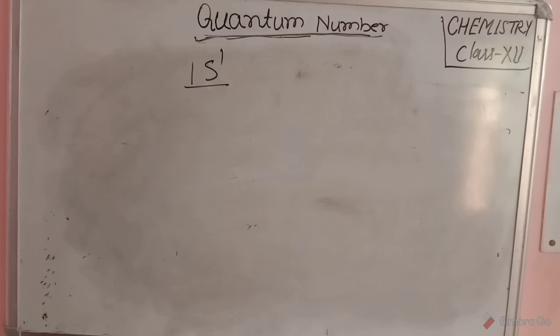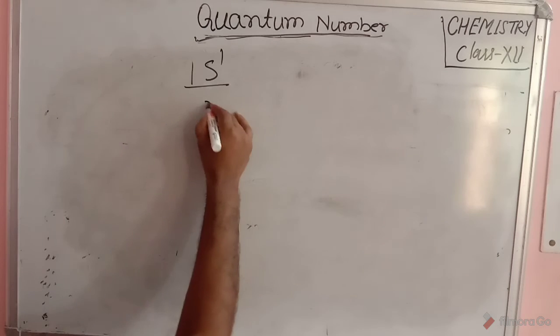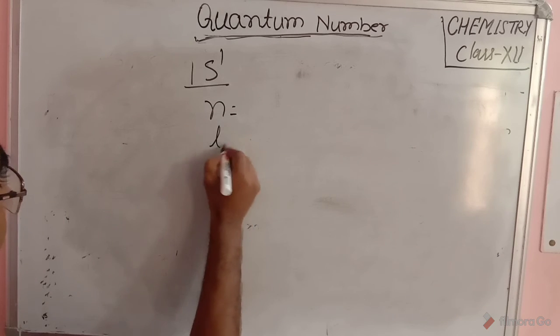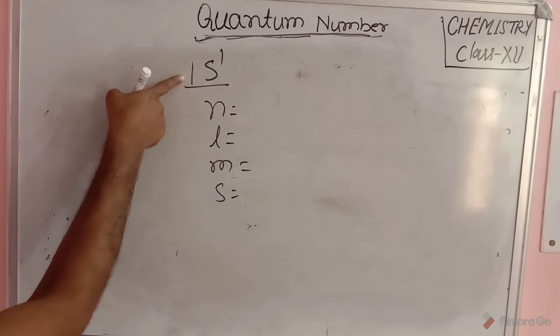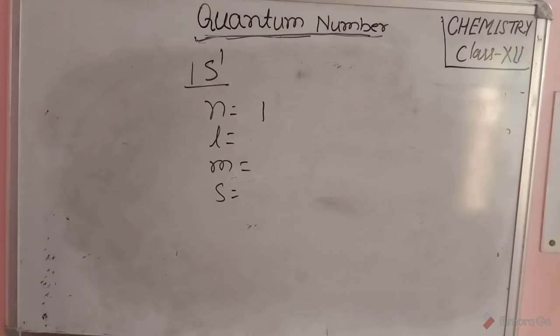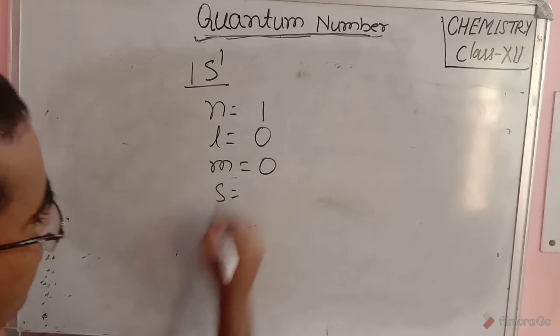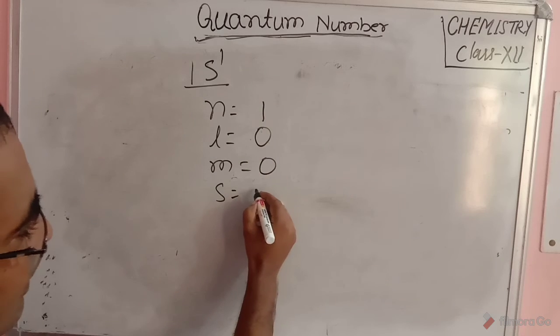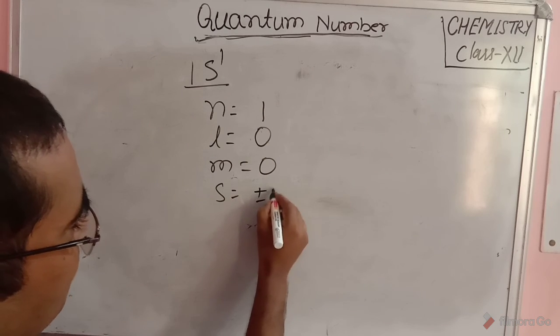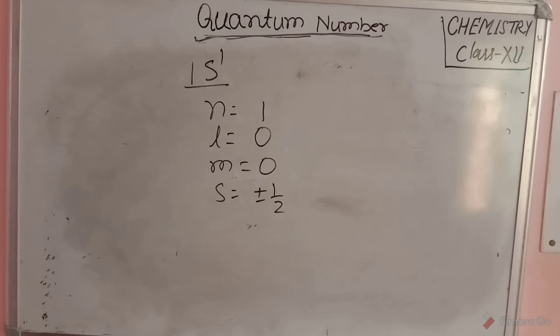So for 1s1, what will be the values? Here n is equal to 1. If n is equal to 1, L will be 0, M is 0. S, there is 1 electron, either parallel or anti-parallel. It means it may be plus minus half. Is it clear?